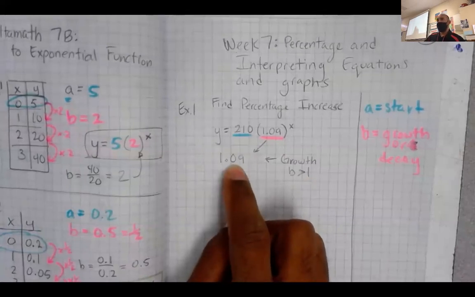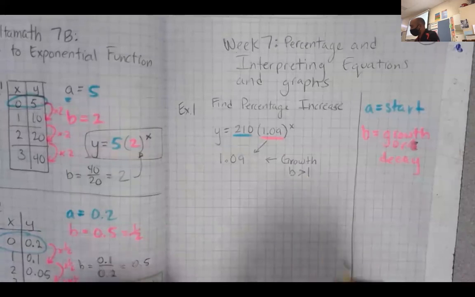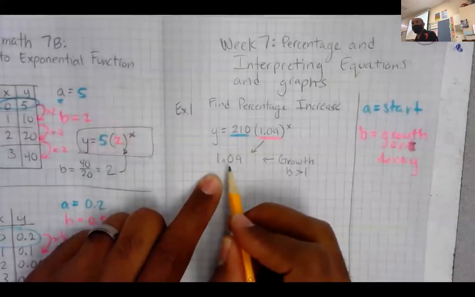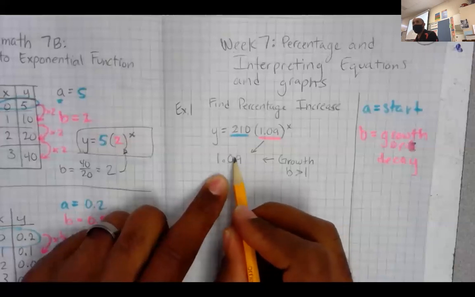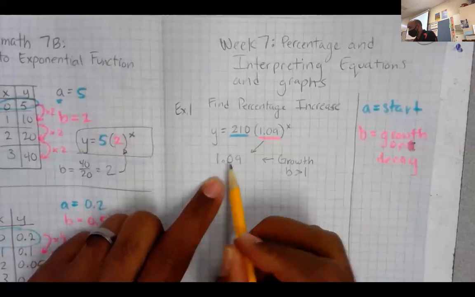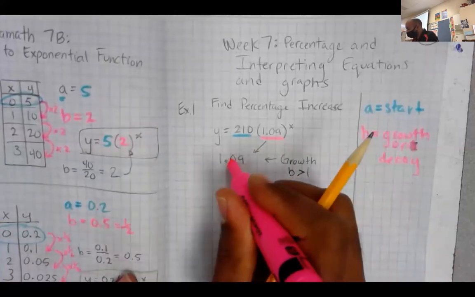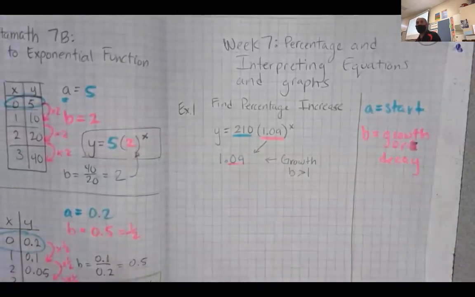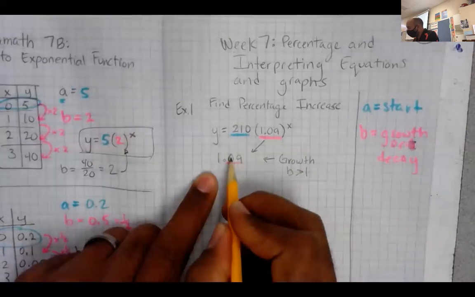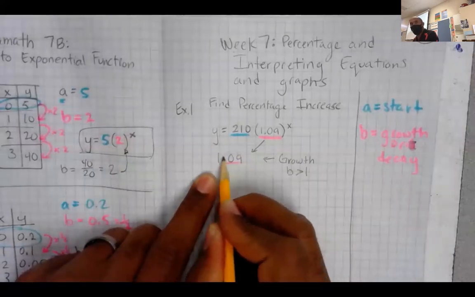But then on the percentage increase, the way we find that is you can just take this number and we want to know how much bigger than 1 is it. So in other words, what we're doing is we're focusing in on this 0.09. So since it's growth, that part is our increase.